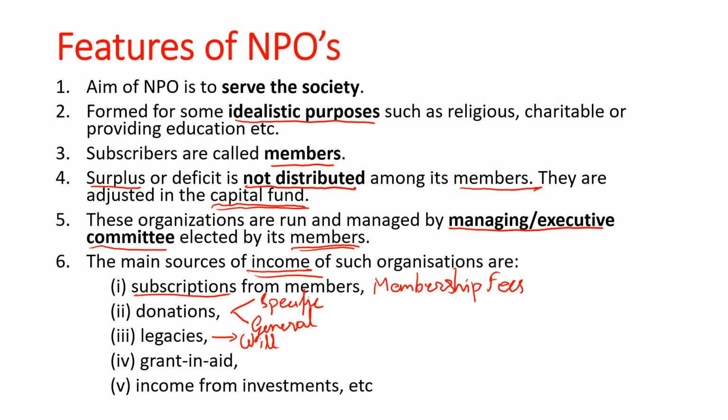And these organizations may have some investments like FDs or investment in mutual funds or shares. If they receive any income from such investments, maybe the interest or the dividend, such incomes are also considered as income for the non-profit organizations.